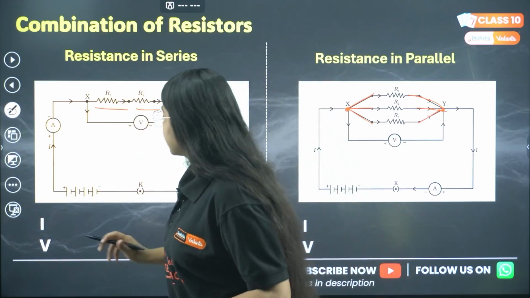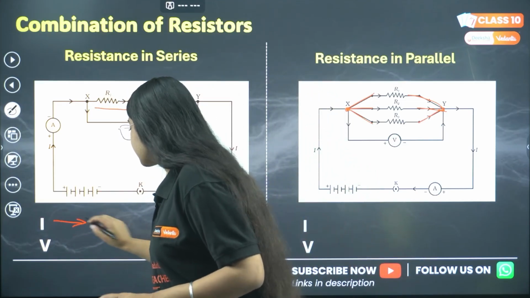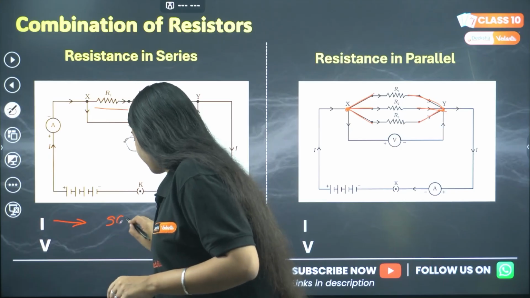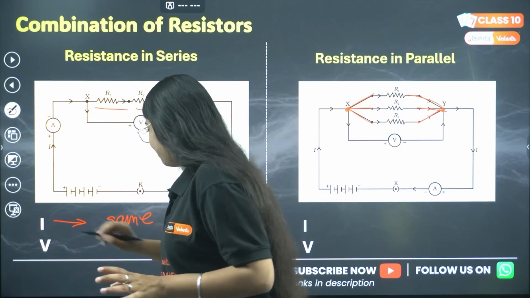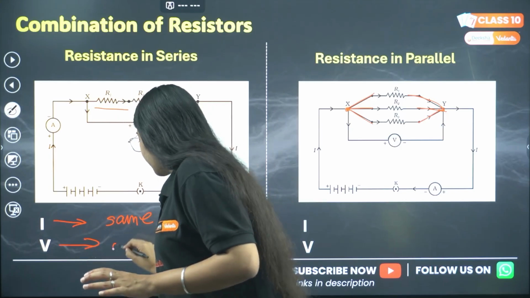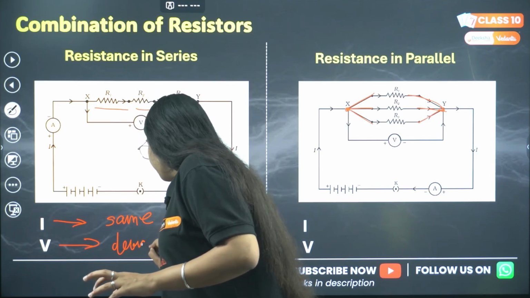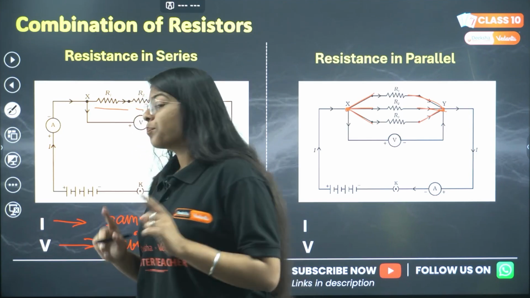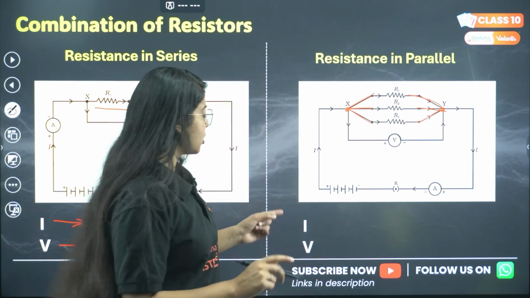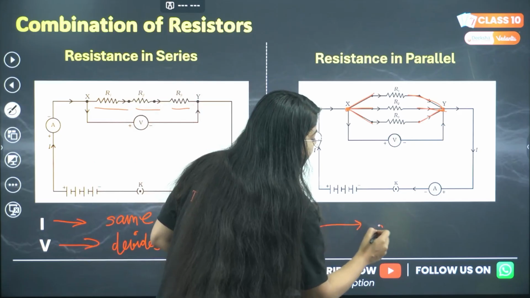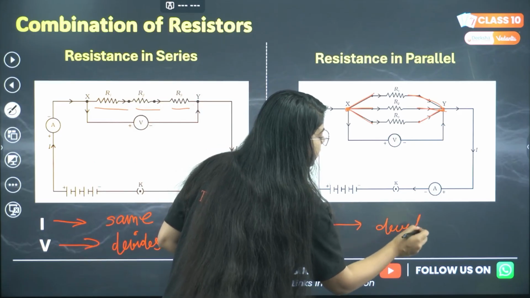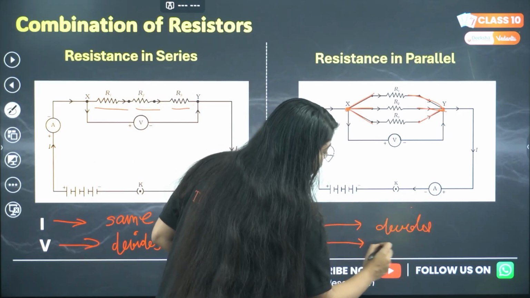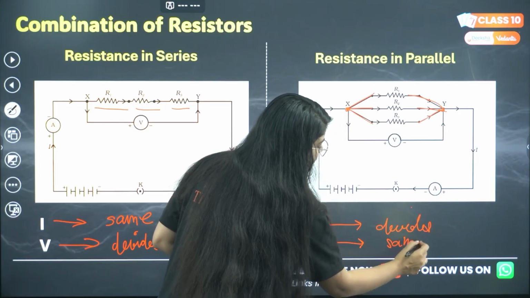The main thing you need to remember: in the resistance in series, our current remains the same, and the voltage divides in each resistor. But in parallel combination, our current divides in each resistor, but our voltage remains the same.